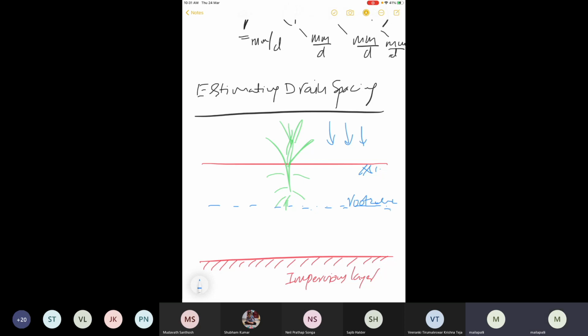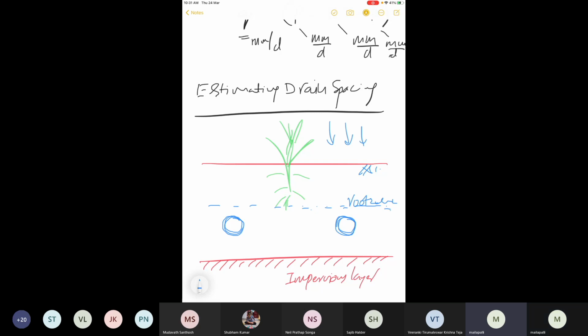Let's assume that you have installed a pipe drainage system here, just below the root zone. I'm taking two pipes. This is a sectional view. This is one pipe, there is another pipe, and similarly there is a series of pipes installed. I'm just considering the two pipes.